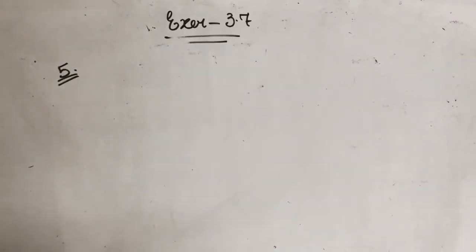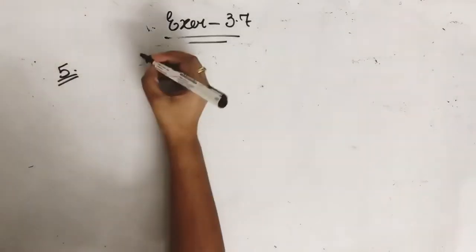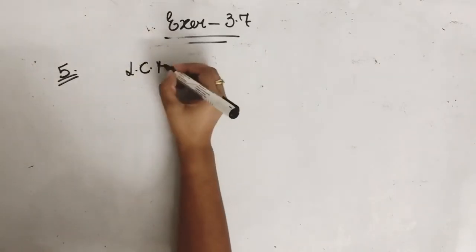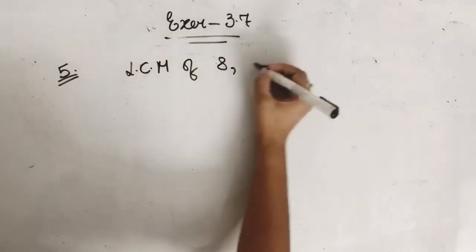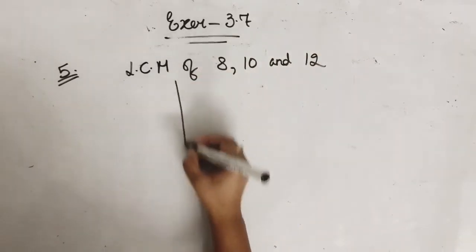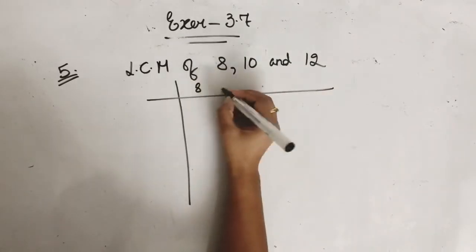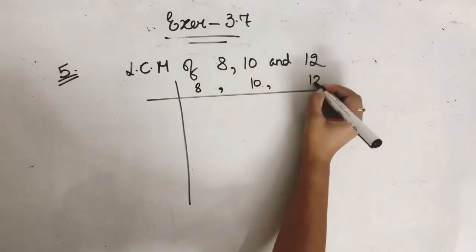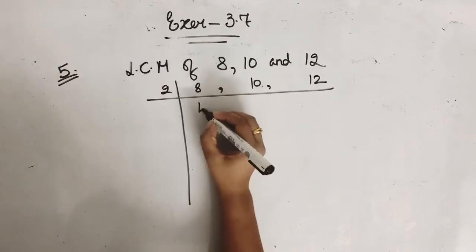Fifth question, determine the greatest 3-digit number exactly divisible by 8, 10 and 12. Again you have to find a number which is divisible by 8, 10 and 12. It means you need a multiple of 8, 10 and 12. You will find the LCM of 8, 10 and 12. We'll start with 2.